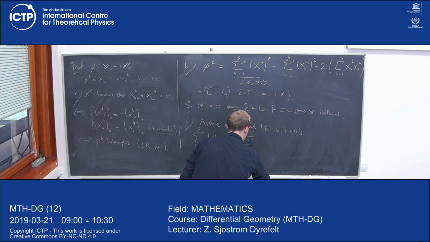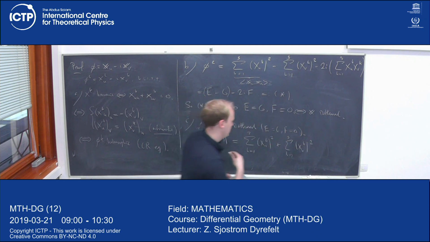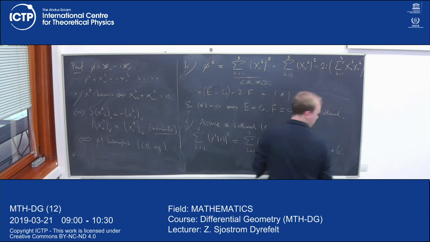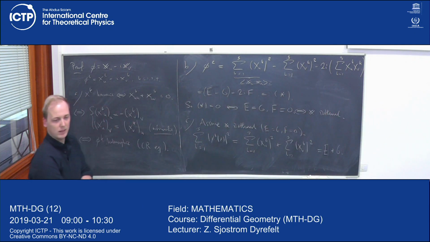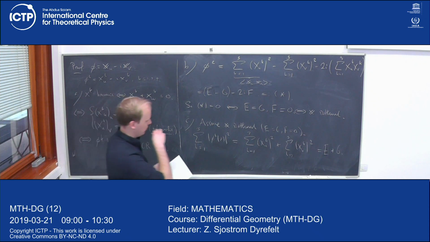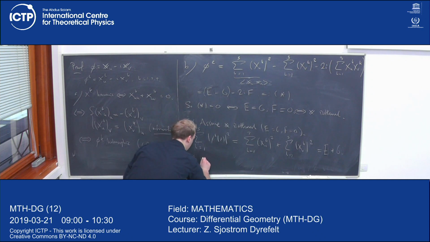This is actually just equal to the sum of k equals 1 to 3 of (x_u^k) squared plus the sum of k equals 1 to 3 of (x_v^k) squared. And this is equal to E plus G. Okay? So already without using this isothermality, this means that x regular.